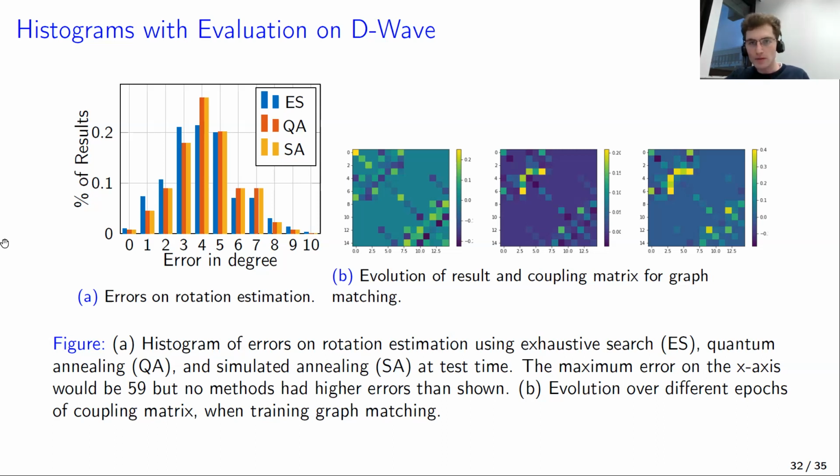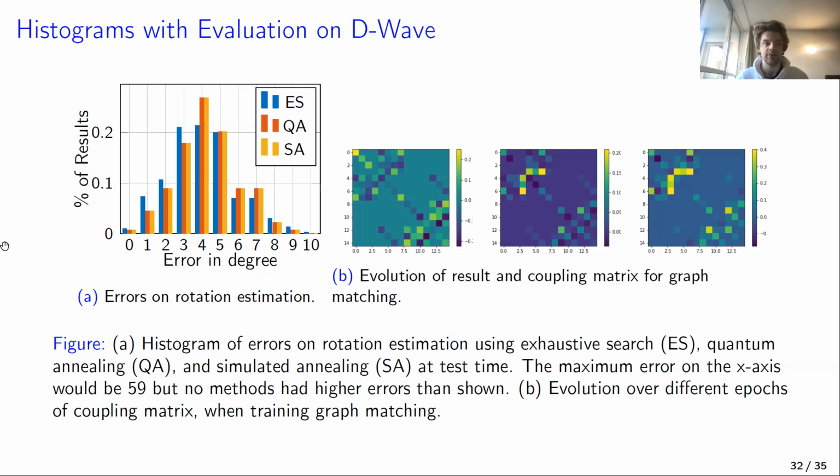Or what would you say, Max? Yeah, exactly. Here it was trained with exhaustive search, and then we were testing with quantum annealing and simulated annealing, and those problems are rather small. I think maybe 16 by 16 or even smaller, maybe 8 by 8 matrices which we are solving, and then we are doing enough anneals and simulated anneals.